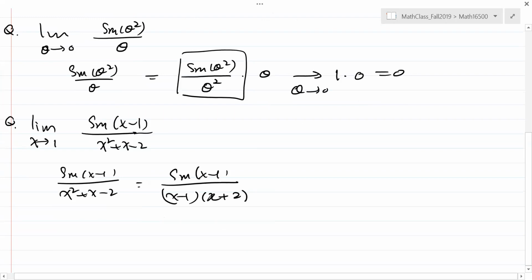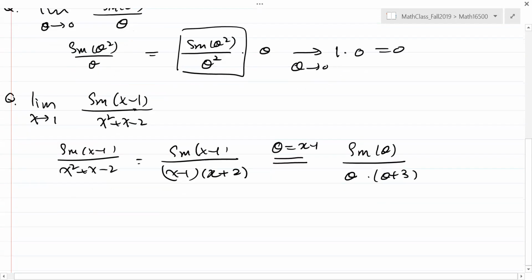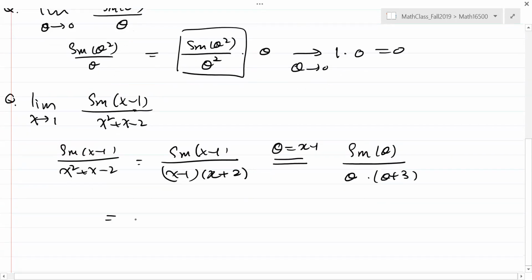It's better to use a substitution: let theta be x minus 1. If theta equals x minus 1, you get sine theta over theta. And what is x plus 2? x is going to be theta plus 1, right? So x plus 2 will be theta plus 3. So you will get 1 over theta plus 3, and here sine theta over theta.